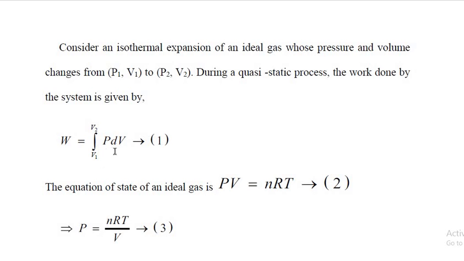So during a quasi-static process, the work done is given by W is equal to the integral from V1 to V2 of P dV. The equation of state of an ideal gas is given by PV is equal to nRT.